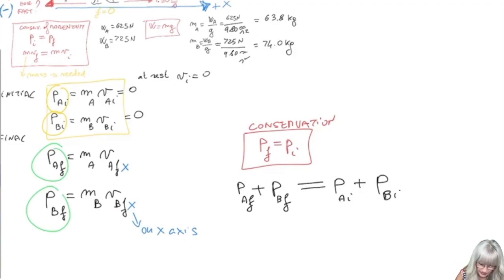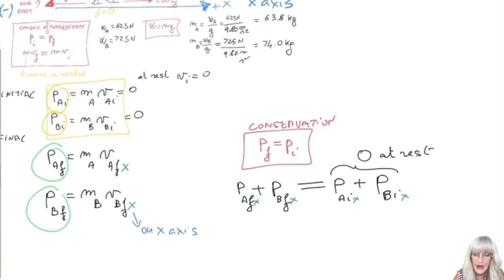If you want to be really elegant, you're going to tell me that we are all reasoning on the x-axis, but it's not necessary once you put the x-axis visibly for us to understand what you're doing. Well, you know that this quantity right here is 0 because the objects are at rest.